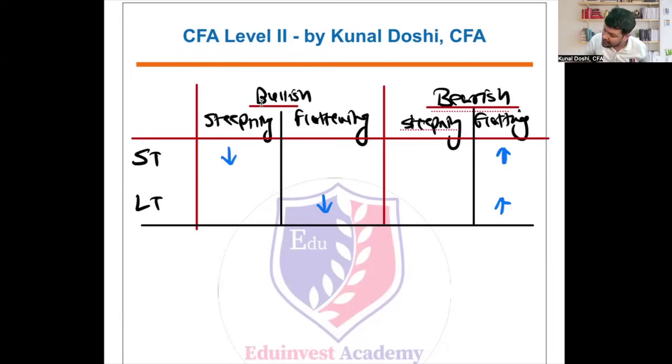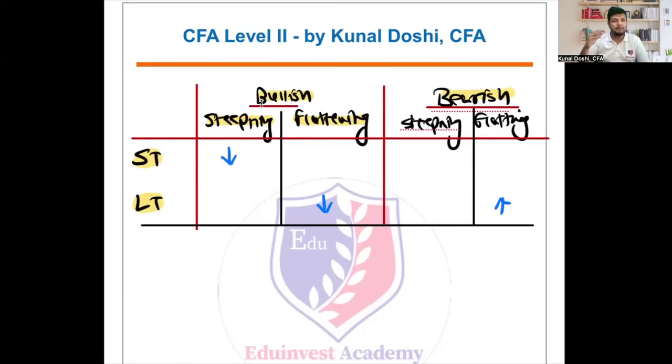See here, when I say bullish steepening, the rates are falling. Which rates are falling? Short-term rates are falling. When I say bullish flattening, of course, rates are falling, but which rates are falling? Long-term rates are falling. When I say bearish, rates are rising. So which rates are rising? Bearish steepening. I actually wrote it in the wrong column.